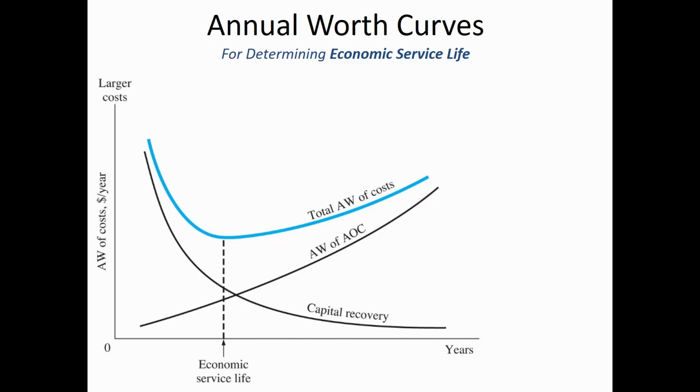But this capital recovery curve is very high if you only keep an item for a short period of time. Does anybody remember what capital recovery means? This is a phrase that we've talked about before. Salvage value is a part of it, but there's another part as well.